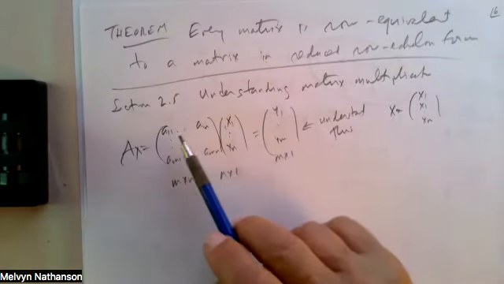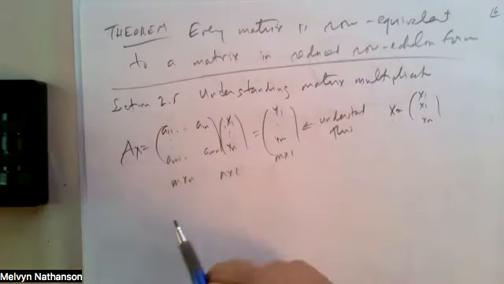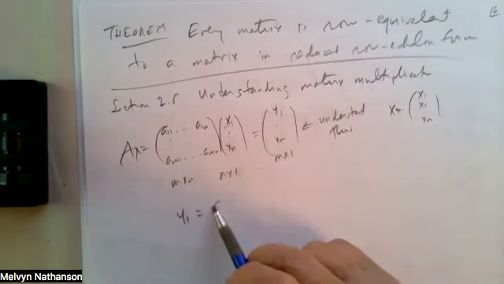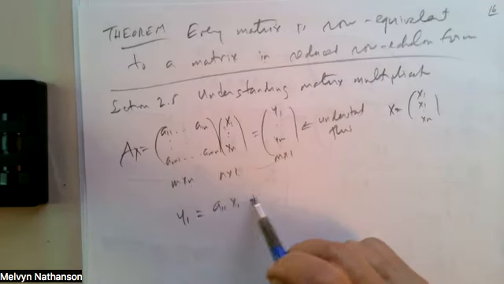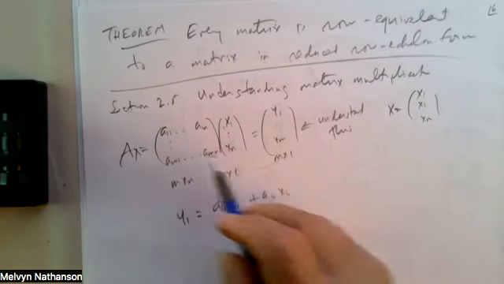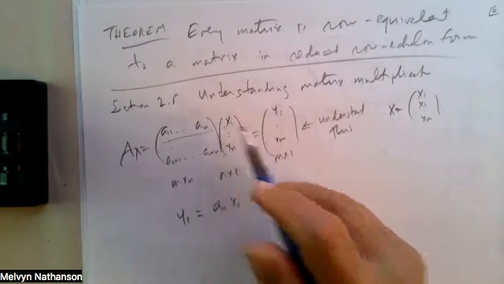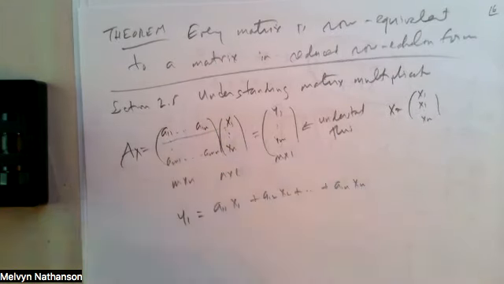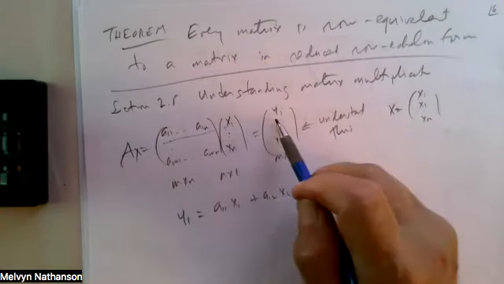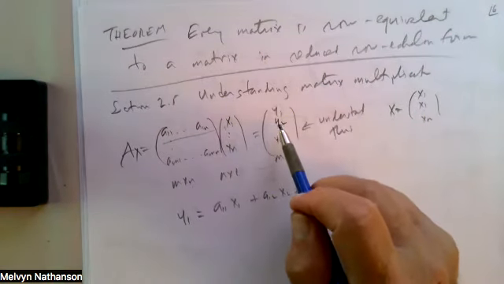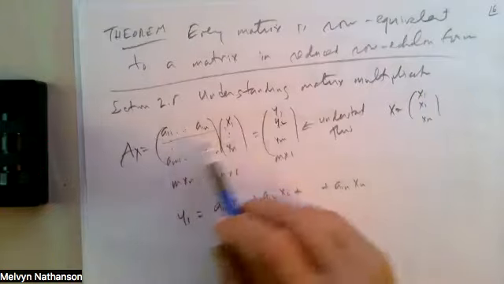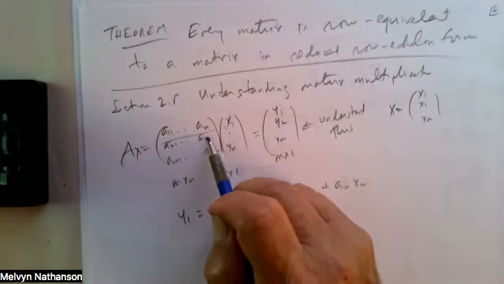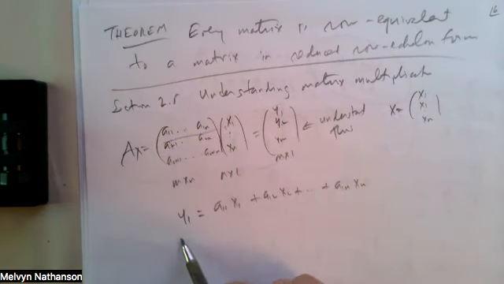So when you multiply rows into column, what is y1? Y1 is A11 x1 plus A12 x2, you're multiplying this row times this column, up to A1n xn. Y2, second row, first column, you're multiplying the second row, A21 up to A2n, into this.